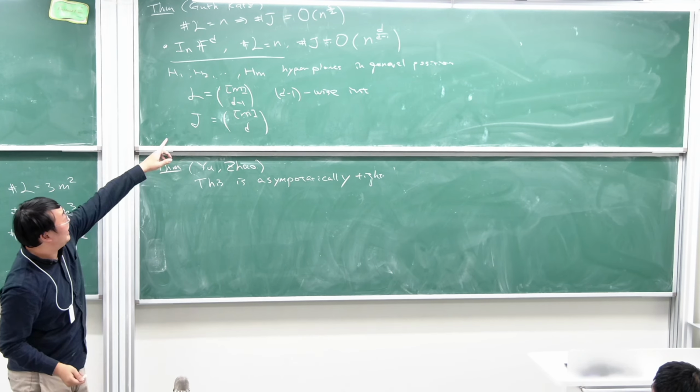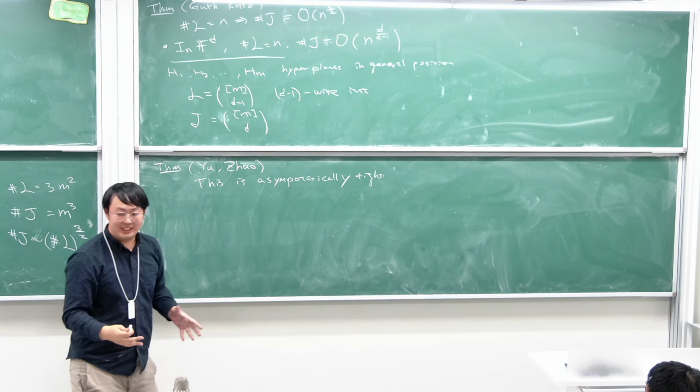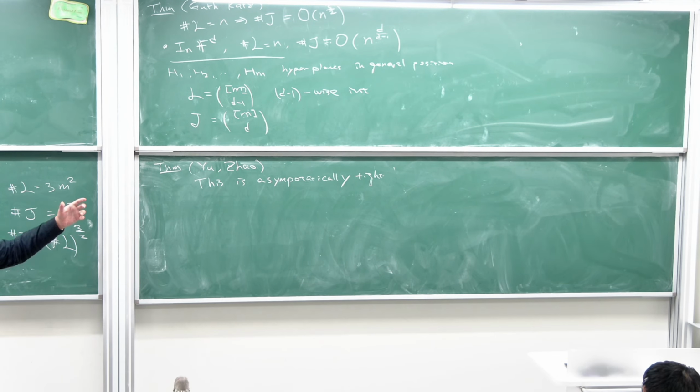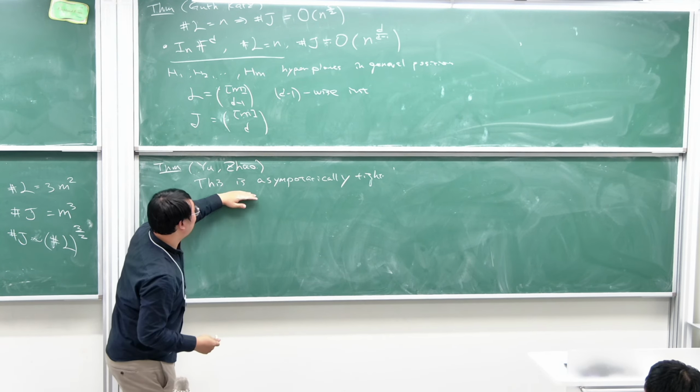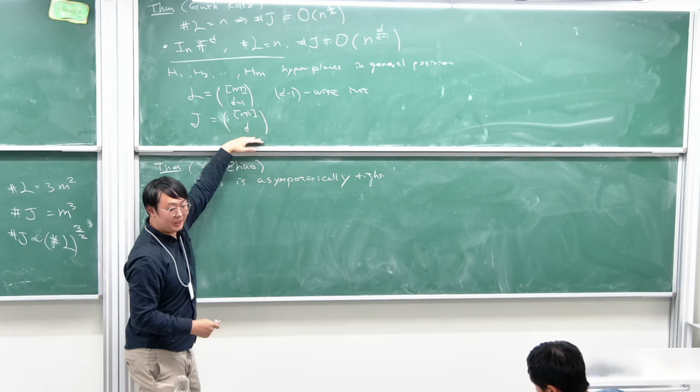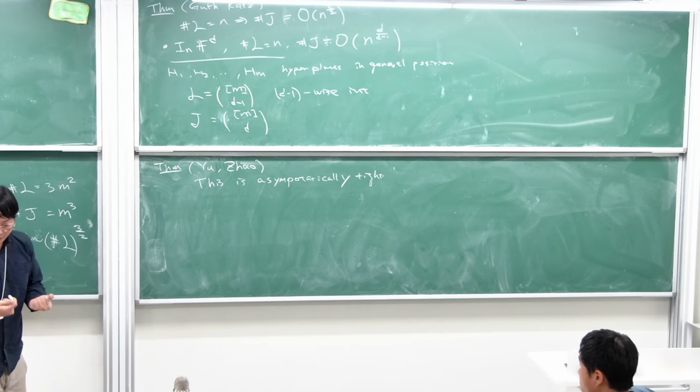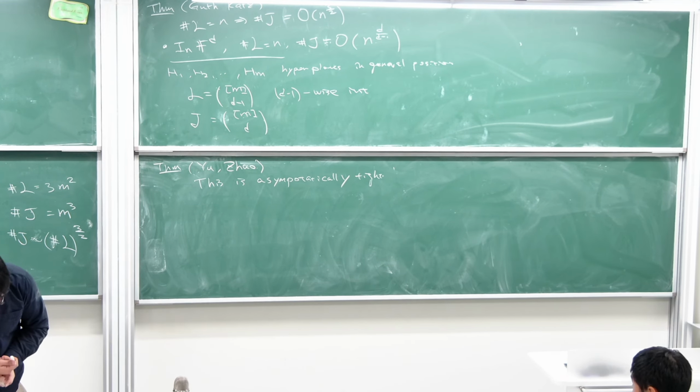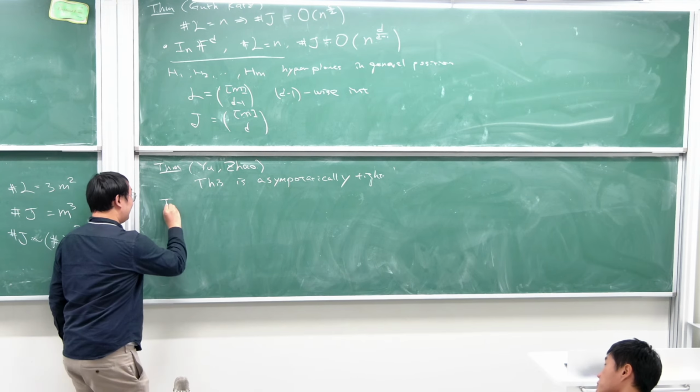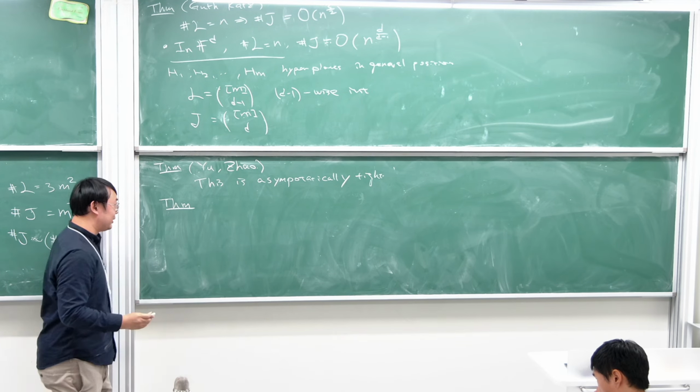That means if n is really large, then the upper bound is not far from this number, by a little-o-of-one factor. Okay, and this is the main theorem today.